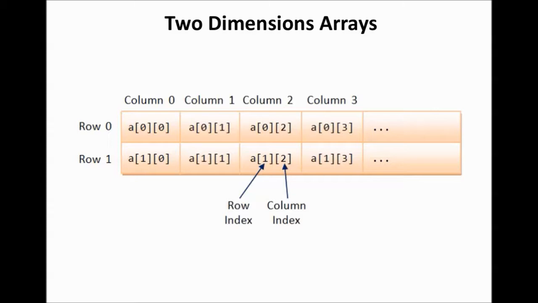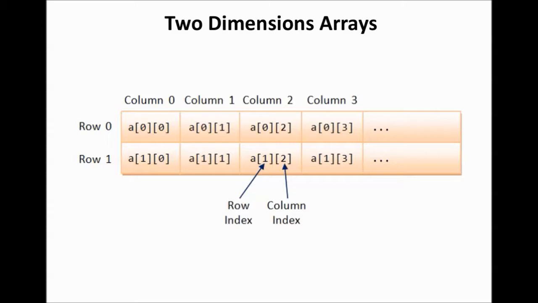Similarly, A[0][0] indicates the value stored in the first column of the first row. A[0][1] indicates the value stored in the second column of the first row.